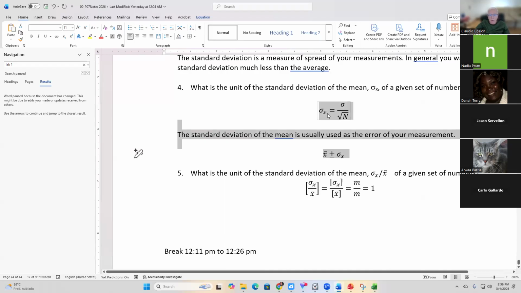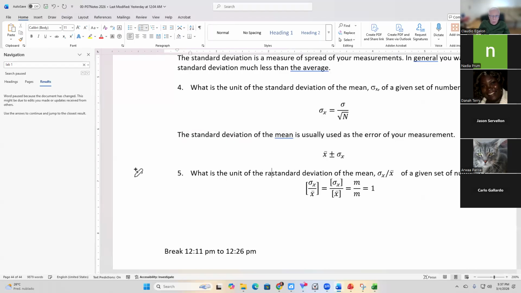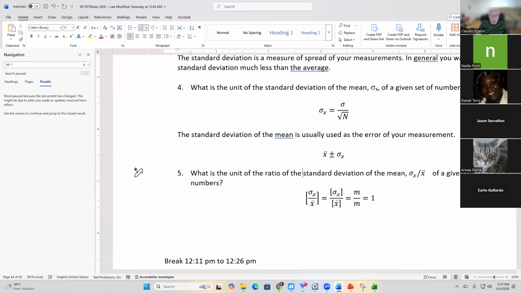And then the next one, what's going to be the unit of the ratio of the standard deviation and its average?